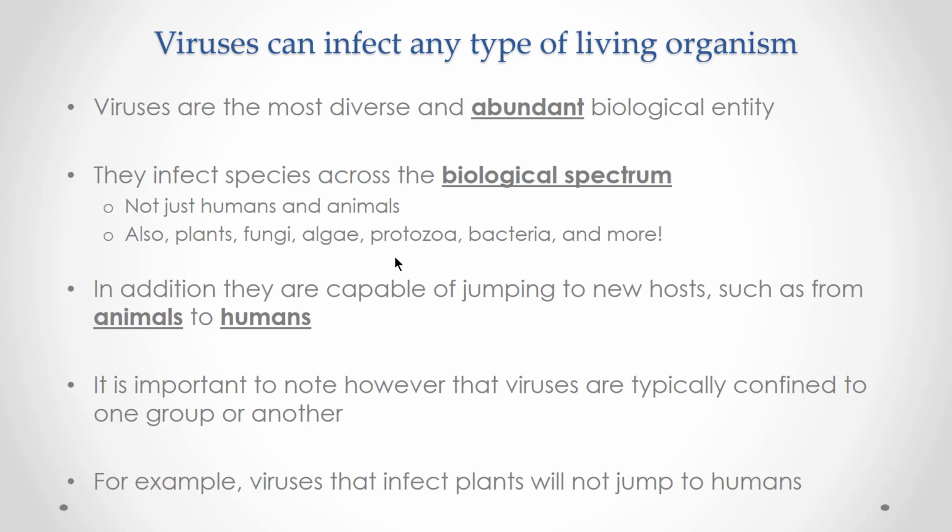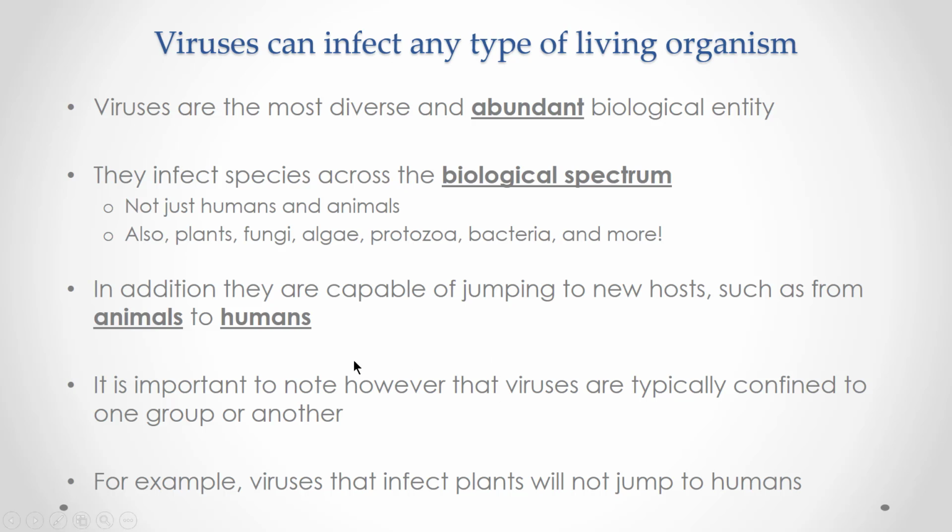So for example, there are plant viruses, but those don't ever mutate or jump to humans. They stay specifically within the plant world. They might infect a different kind of plant, but they're not going to modify from plants to humans or plants to animals or vice versa. So every life form has its own specific type of virus, and there's a little bit of flexibility and modification within those categories, but they tend to stay within their group.